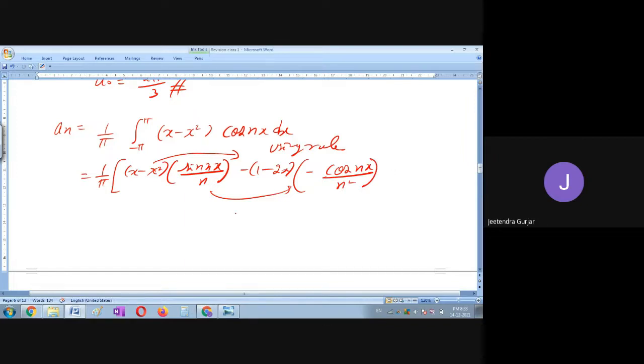Continue this, plus integrate this once again. So 1 minus 2x is there, differentiate this. This is always differentiate algebraic term and integrate trigonometric term.